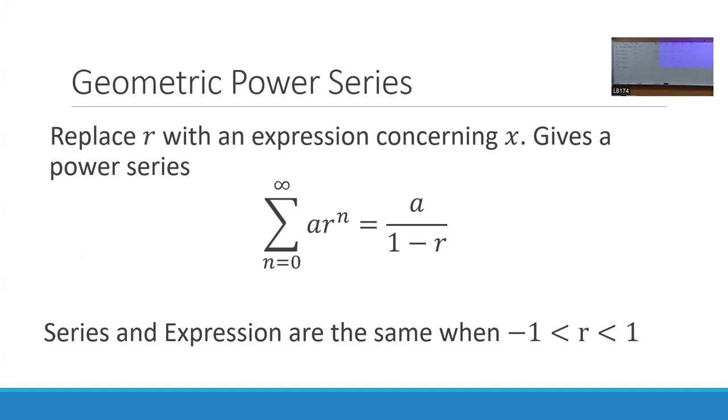Now, I'm going to talk really briefly about geometric series, but I'm going to actually provide a video about this to you so you can study it tonight or something.